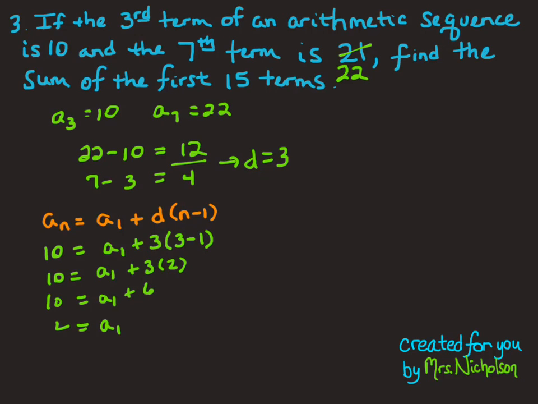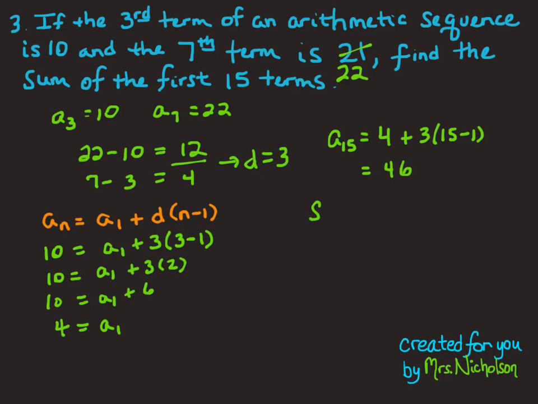Make that a 4. Okay. Let's find a sub 15 first. A sub 15 is going to be the first term, which is 4, plus the common difference, which is 3, times 15 minus 1, times n minus 1. And that comes out to be 46.